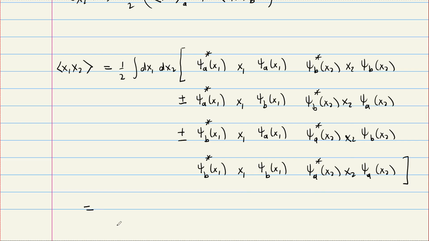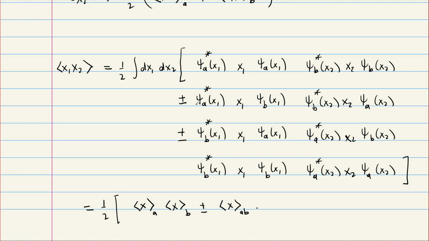And now let's write things one by one. So this is 1/2. So this is x in A and x in B plus or minus x operators in AB times in BA, right?